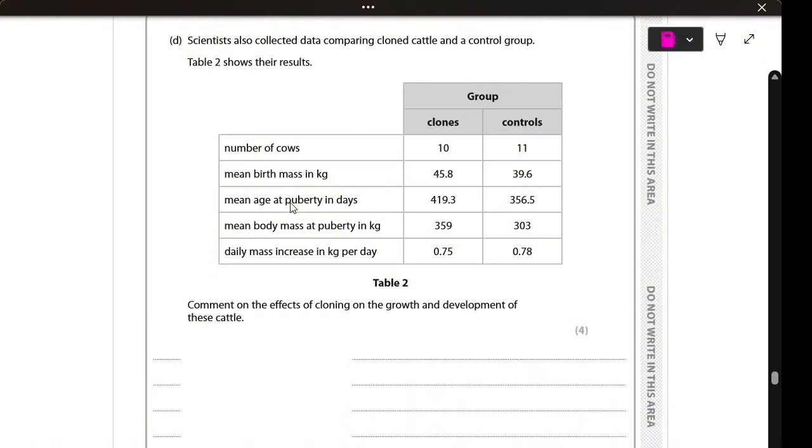Mean age at puberty in days means how many days later they hit puberty. This is 419 days for cloned cows and 356 days for the control. So cloned cows hit puberty later.